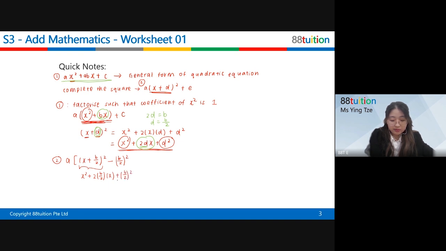So we need to cancel off this one, so we minus it here. Can understand? Because here matches over here. So here and here is the same.